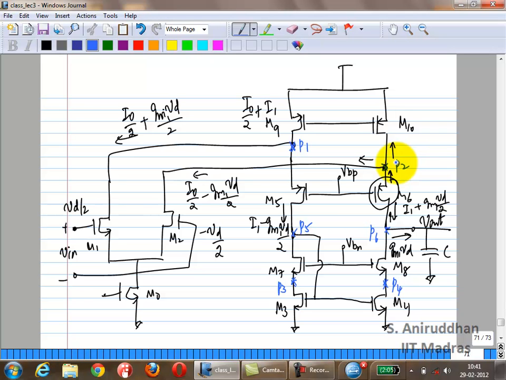So you would expect them to be larger, correct? Because they're carrying a larger bias current. In which case the parasitic capacitance at nodes P1 and P2 are also larger. So you would expect the non-dominant poles to be a little bit closer in compared to your telescopic.